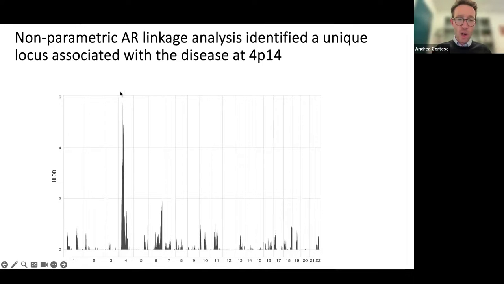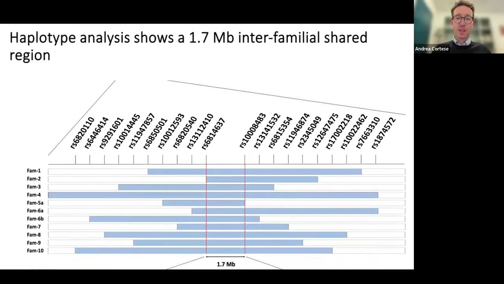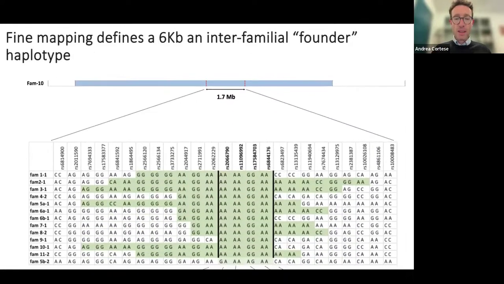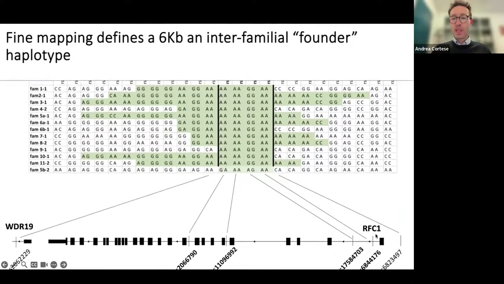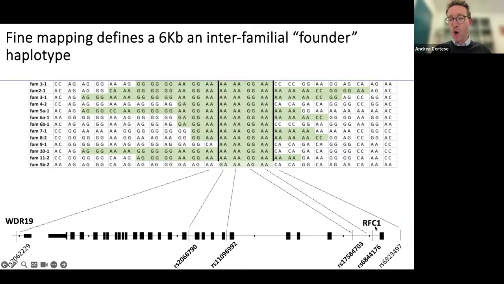We had only one site in all the genome, which was shared by all the patients. And in this particular region, we had one gene, which is replication factor complex subunit 1. Now, this is a protein which is involved in DNA replication, which allows the cells to divide, but also to repair DNA damage.